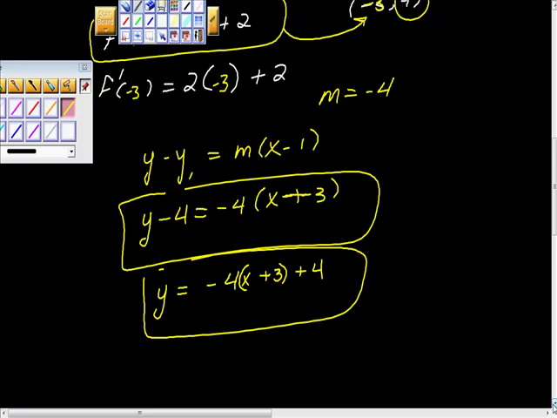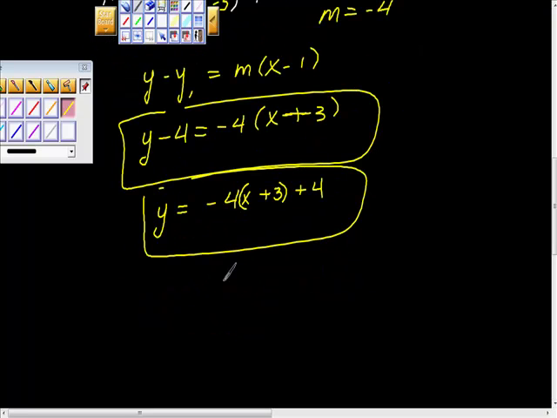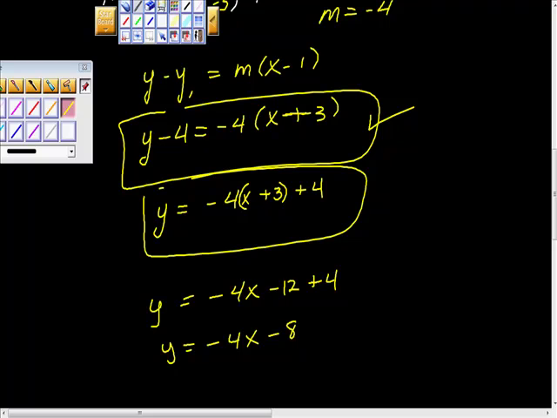But if you wanted to, you could finish cleaning it up: negative 4 times x is negative 4x, negative 4 times positive 3 is negative 12, plus 4 is equal to y. And then y is equal to negative 4x minus 8. Is that okay? Any of these I'll take. Is that all right?